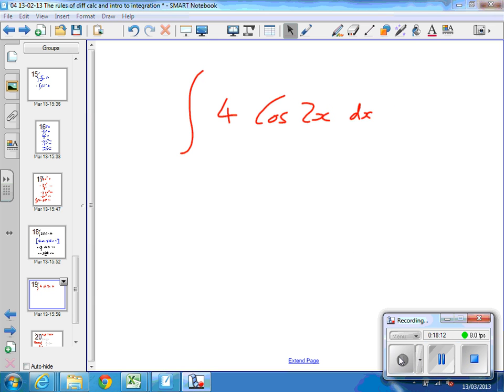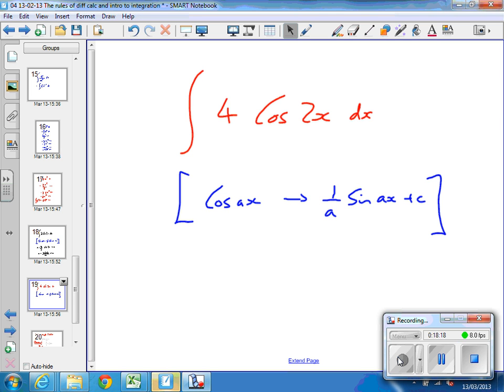So, integrate 4 cos 2x with respect to x. So there's the rule. A number inside comes out and goes underneath, and the cosine changes to a sine. The rest stays the same. The ax inside is unchanged, plus c.